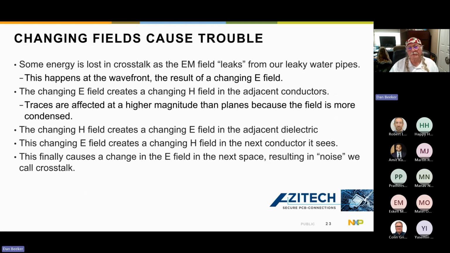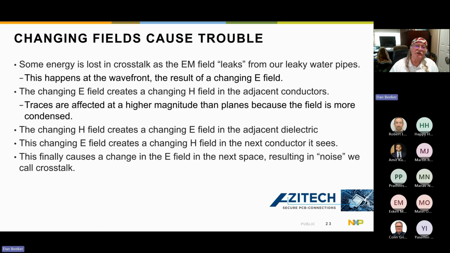There's energy lost in that conversion to heat as it pushes or bullies around the molecules that are in the dielectric or in the copper. There's also, as you have a changing electric field, it will create a changing magnetic field in the two conductors. That changing magnetic field will cause a changing electric field in the adjacent space.